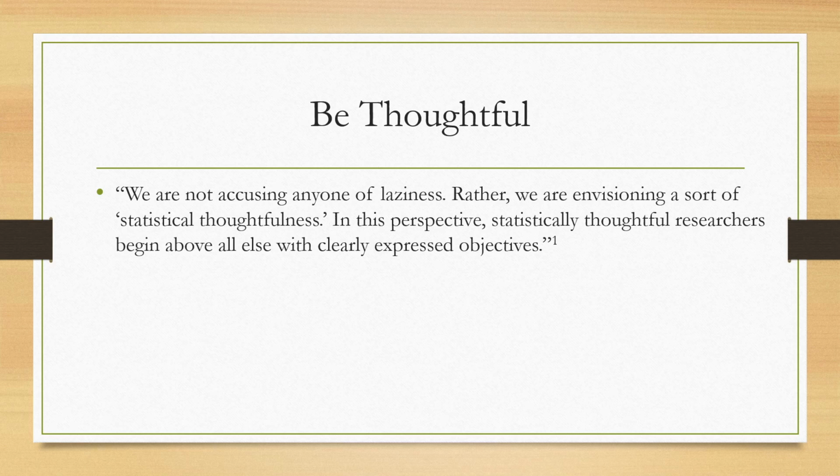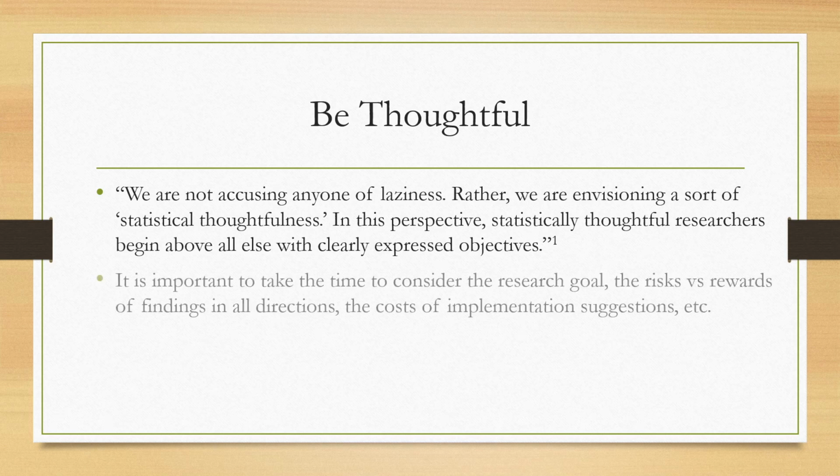We'll talk about that later too. But as they say in this article, the most reliable evidence comes from a pre-planned study with clearly expressed objectives that you're starting with.